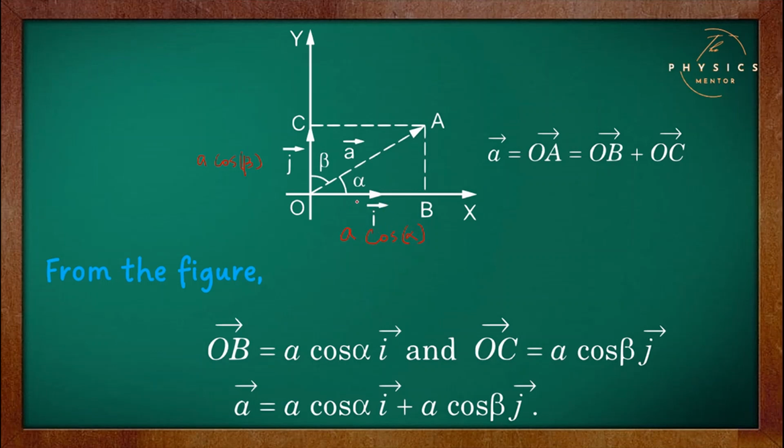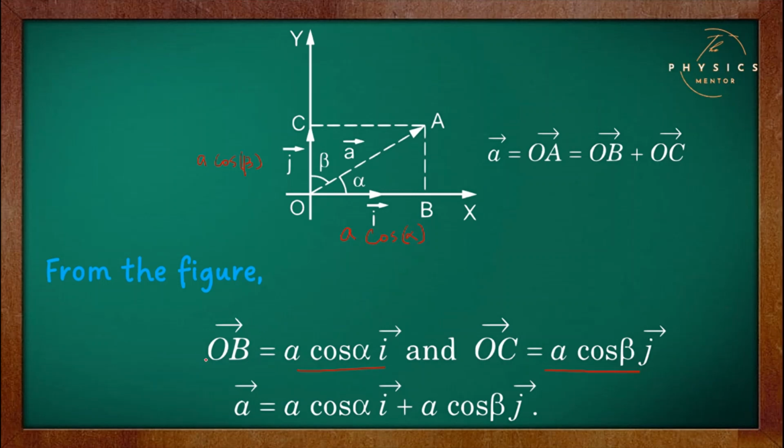Since I vector is the unit vector in the x direction, OB vector is equal to A cos alpha multiplied by I vector, and OC vector is equal to A cos beta multiplied by J vector.